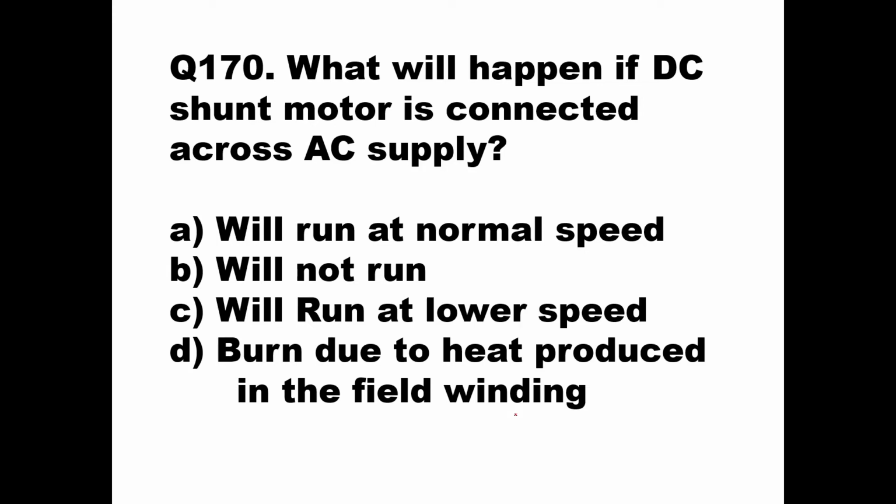Due to this, there will be heat, and due to that heat, the shunt motor will get burned. So option D, that is burned due to heat produced in the field winding, will be the answer for this. So what will happen if a DC shunt motor is connected across the AC supply? It will burn due to heat produced in the field winding is the answer over here.